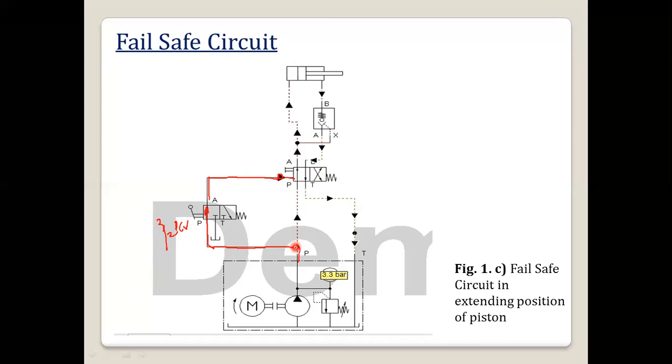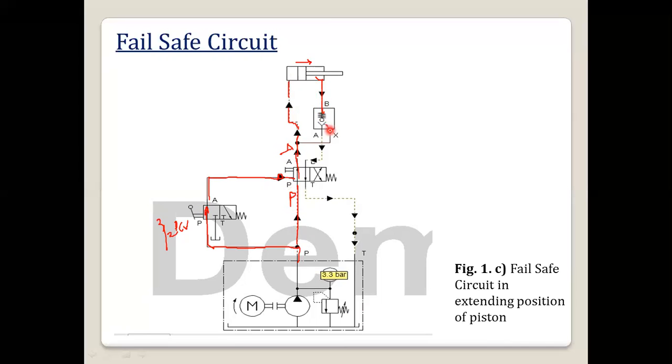Now the flow is like this: oil from the P port will be going to the A port, then to the piston side, and the piston will extend. The oil from the rod side will come to the pilot operated check valve.